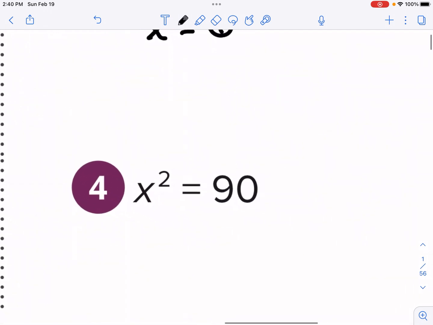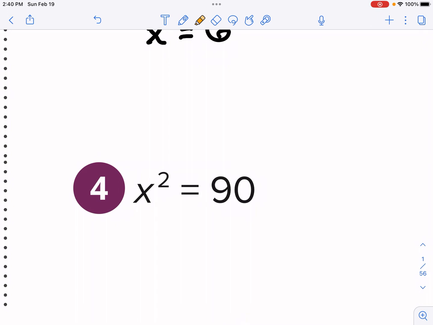But number 4 is somewhat different. x squared is equal to 90. 90 is not a perfect square, but the answer for this, the x, would have to be the square root of 90. We'll talk more about this in our guided notes.